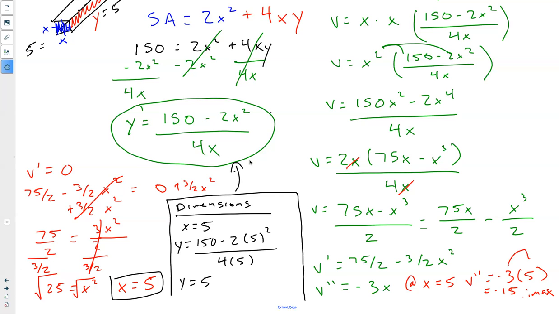We can just substitute that into our volume formula up here. Volume is equal to x times y, which is 5 times 5 times 5. These are all in centimeters. So my volume will be 125 centimeters cubed.